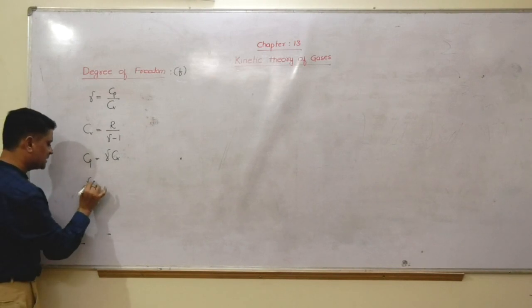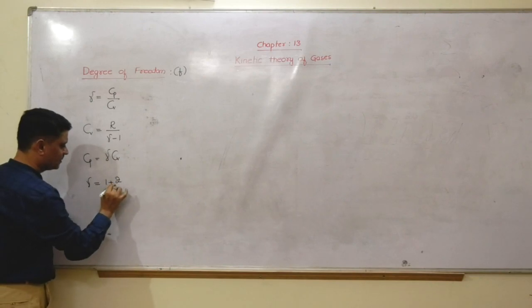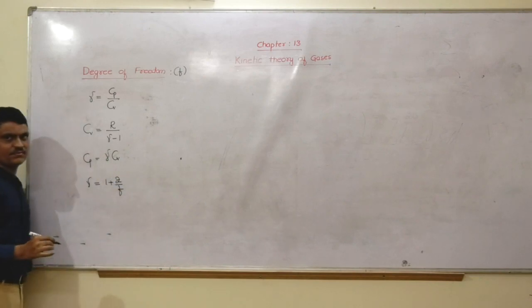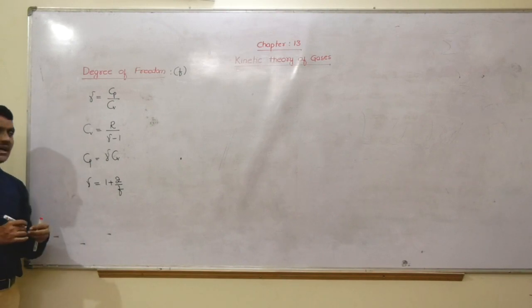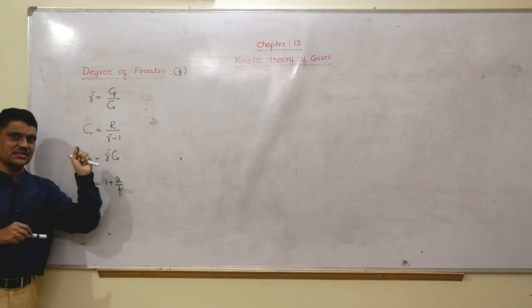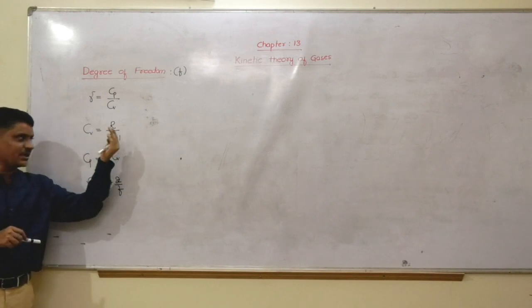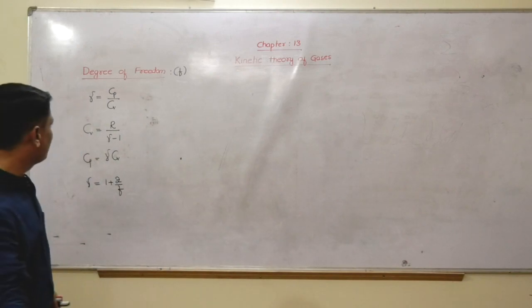And especially this gamma can be written as 1 plus 2 by F. So these equations you have already studied in previous topics and previous videos. So today let us go one by one.